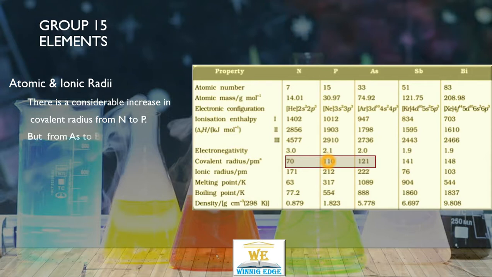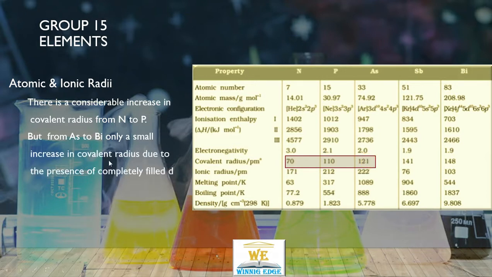But from arsenic onwards, the radii increase is negligible, comparatively small. 110 to 121, only 11, then again only 21, 20, then from here only 7 picometer. Hardly any major increase in atomic radii.